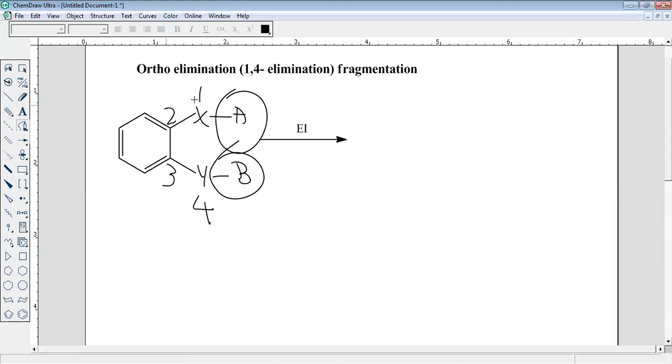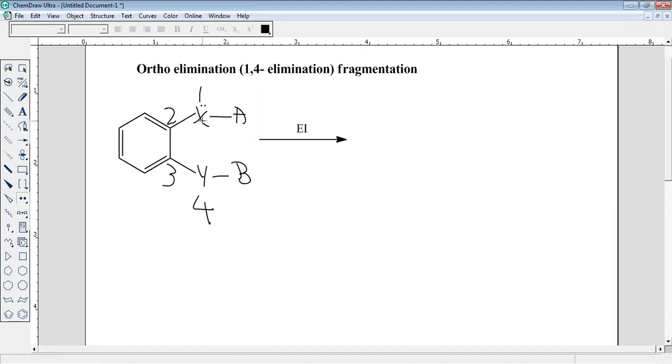First of all, this undergoes fragmentation. Definitely, a fragment will form. For example, suppose we consider this as a heteroatom, and you put one electron pair.